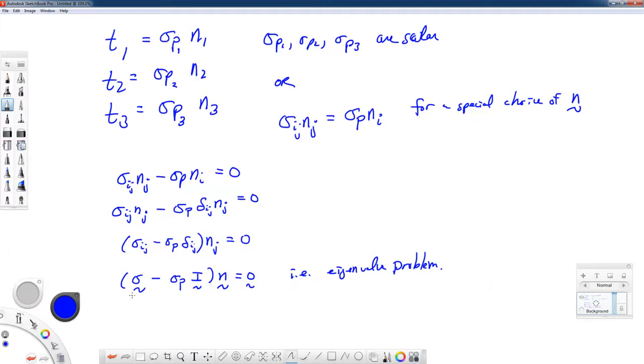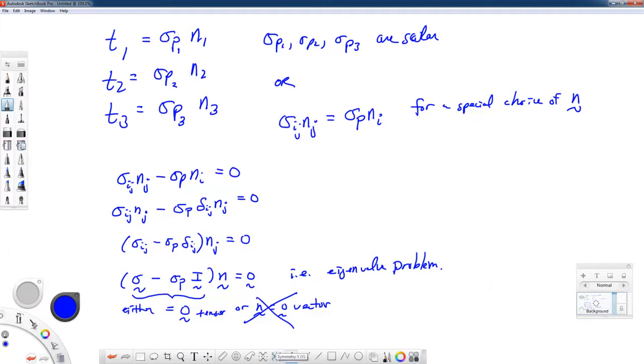Either this tensor is the 0 tensor, or n is equal to the 0 vector. However, this has to be a unit vector. We're not allowed to have that equal to 0, so we can cross this possibility out.